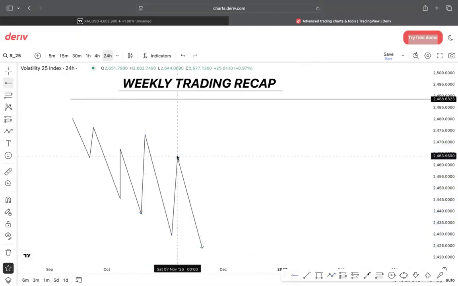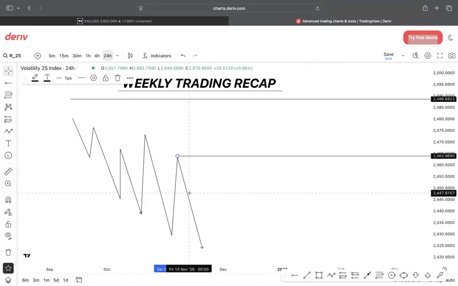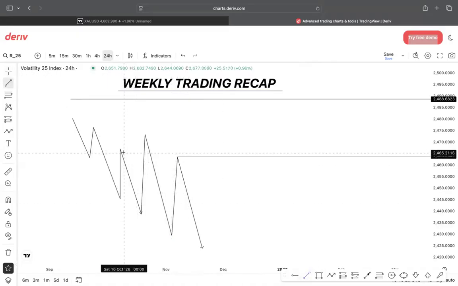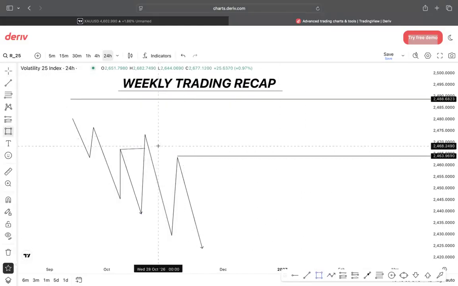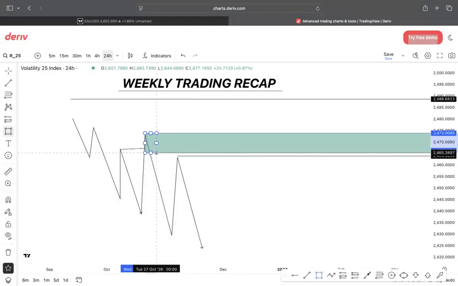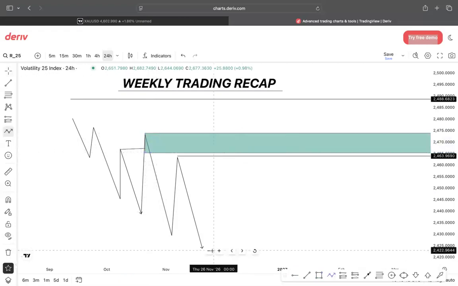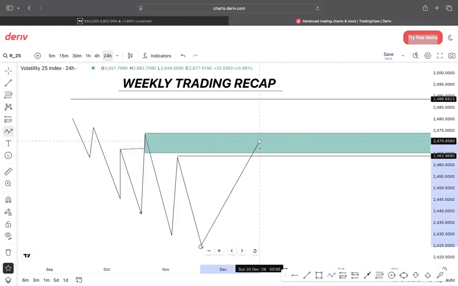For it to be valid, there must be a first sweep, and the lower high after the sweep is my structural liquidity. It acts as my execution area, so I wait for price to take out my structural liquidity and then boom, to the downside.